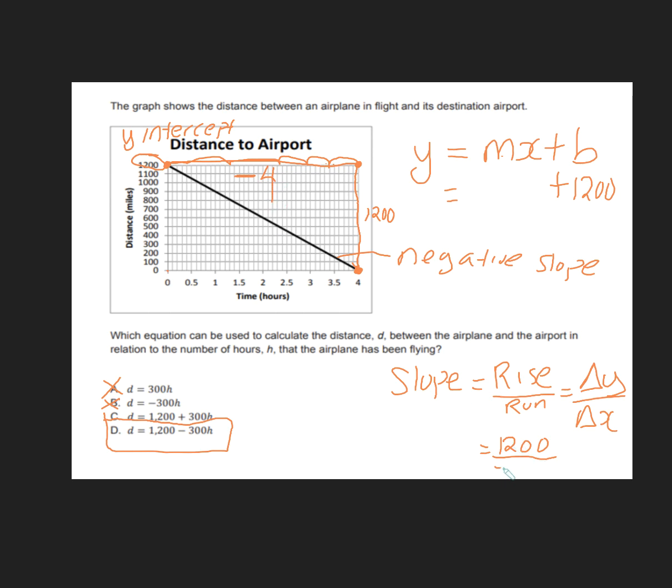So 1200 divided by negative 4 is negative 300. So your slope is negative 300x. But as you can see, they did not write their equation like how we wrote our equation. Notice they put their 1200 first and then their minus 300h. But remember, our h is our x because that's our x-axis.